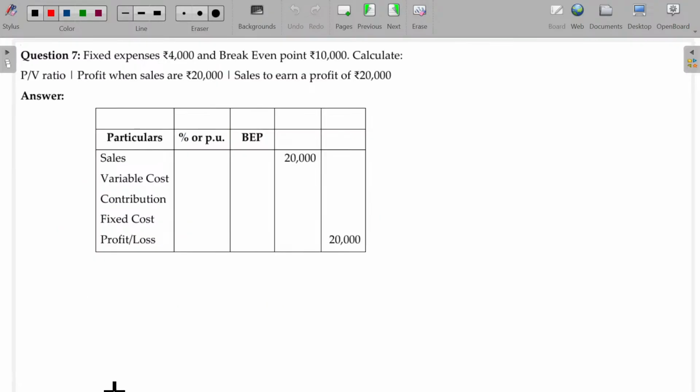Seventh one. Fixed expenses 4,000, break even point 10,000. Calculate PV ratio.